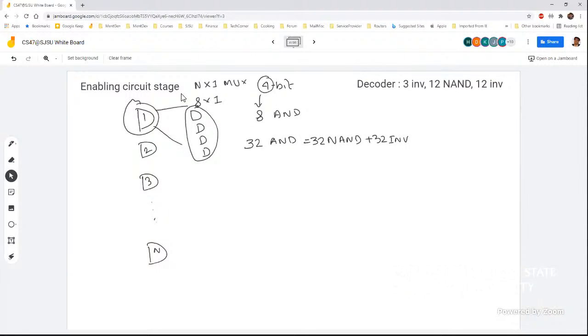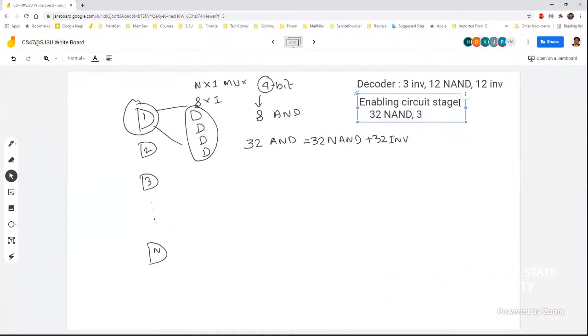Now for the enable circuit stage, we just calculated 32 NAND, 32 inverter. Okay, now so far any question till this calculation?